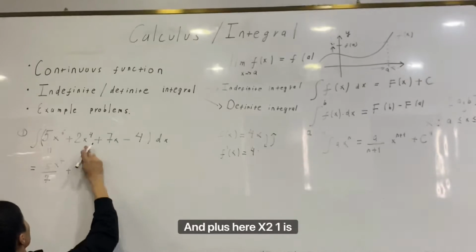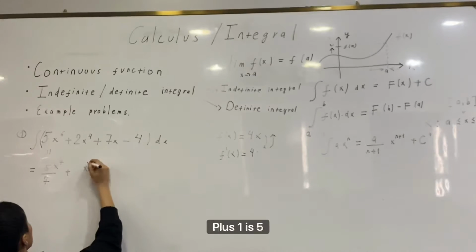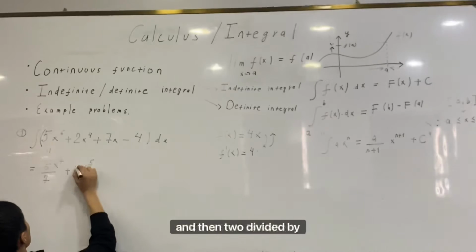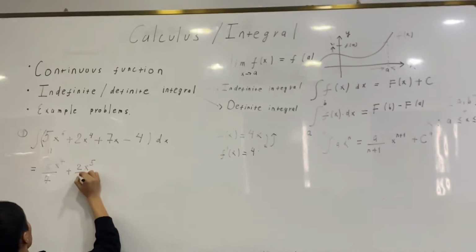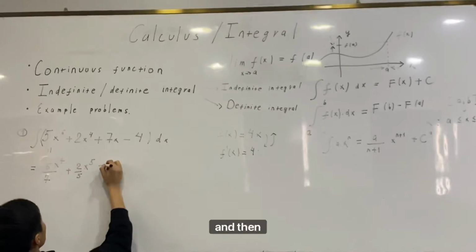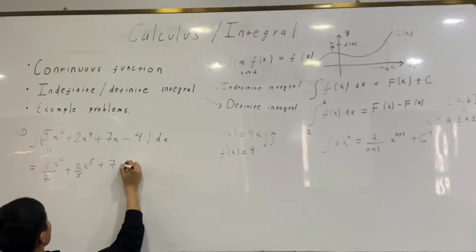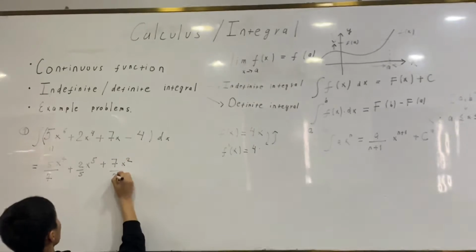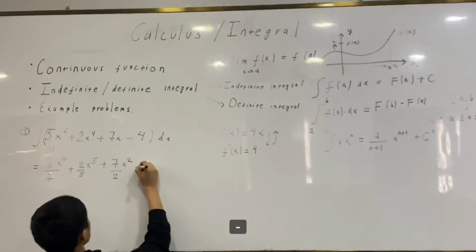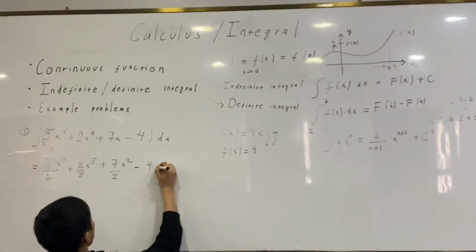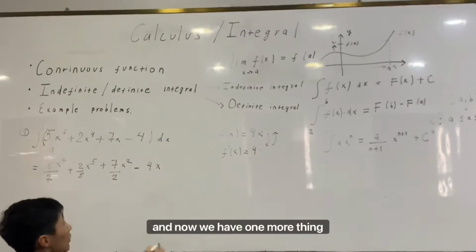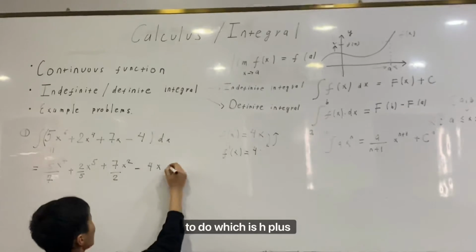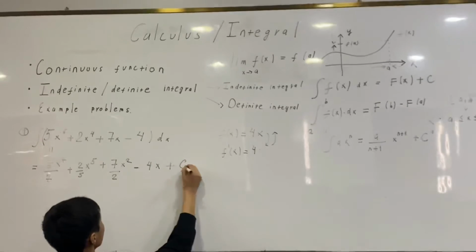And plus, here x to the 1 is x squared... x to the 5 and 2 divided by 5. And then 7x to the 1 plus 1 is 2, divided by 2, and here minus 4x. And now we have one more thing to do, which is our plus C.